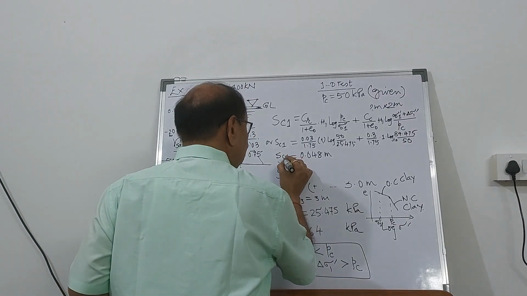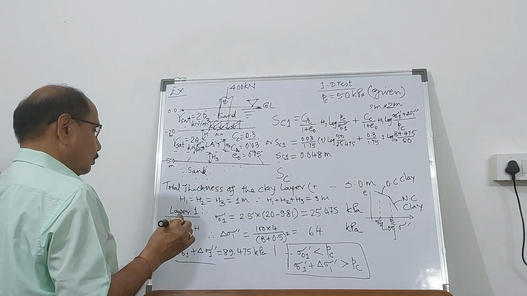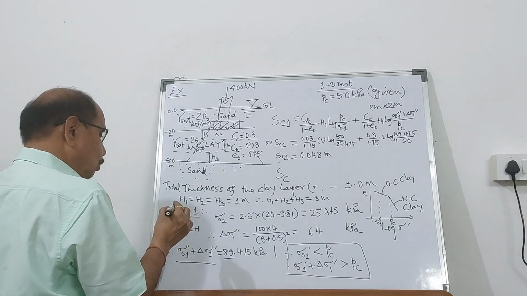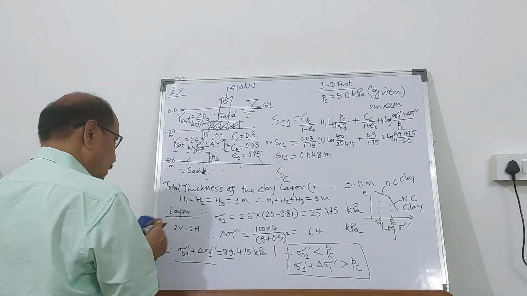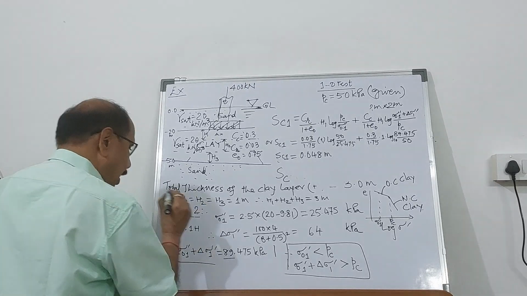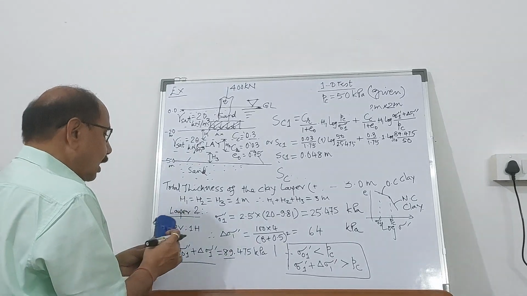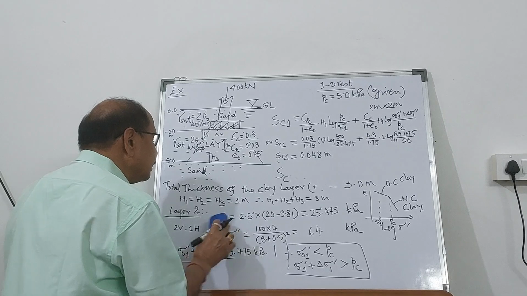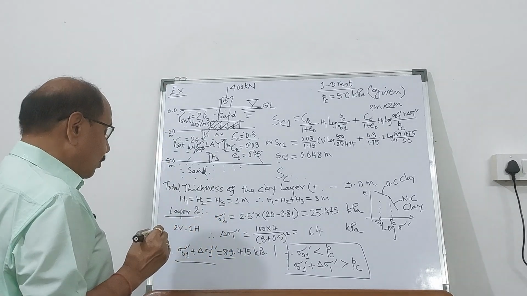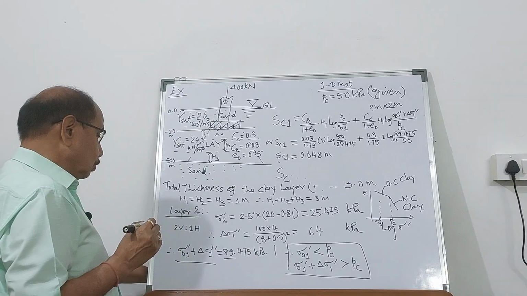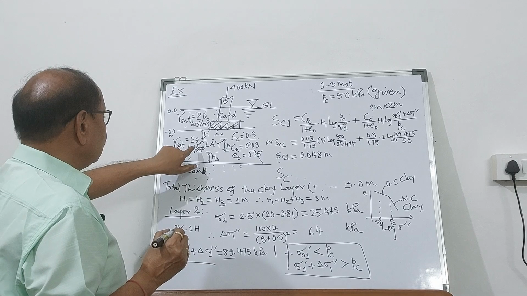So SC1. Now go to layer 2. If you go to layer 2, in a similar way we can calculate. Going to layer 2, I need to calculate the value of sigma naught prime for layer 2.